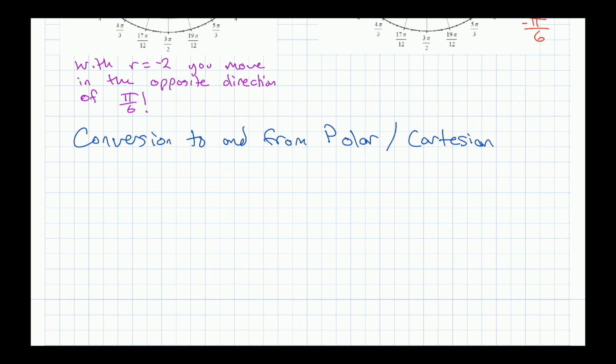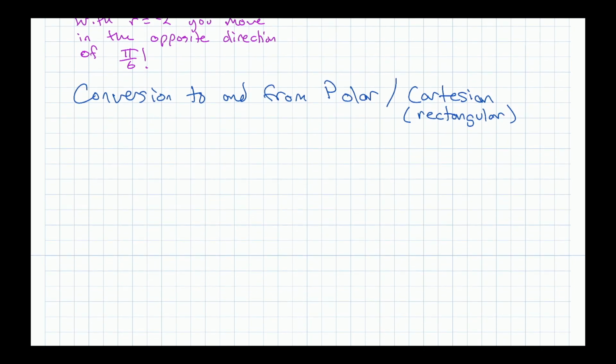We're going to start with polar to rectangular, which is also what your book sometimes refers to as Cartesian. So these are also called rectangular. So yes, polar Cartesian, polar rectangular.